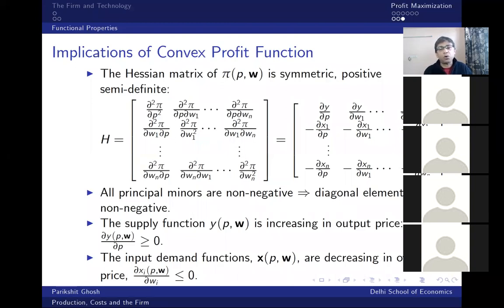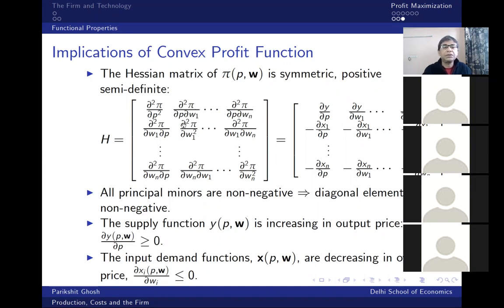Since the profit function is convex, its Hessian matrix has to be symmetric, positive semi-definite, which means that its principal minors all have to be non-negative, weakly positive. So the first principal minor here will be positive, then the 2 by 2 matrix, its determinant will be positive, then the 3 by 3 and so on.